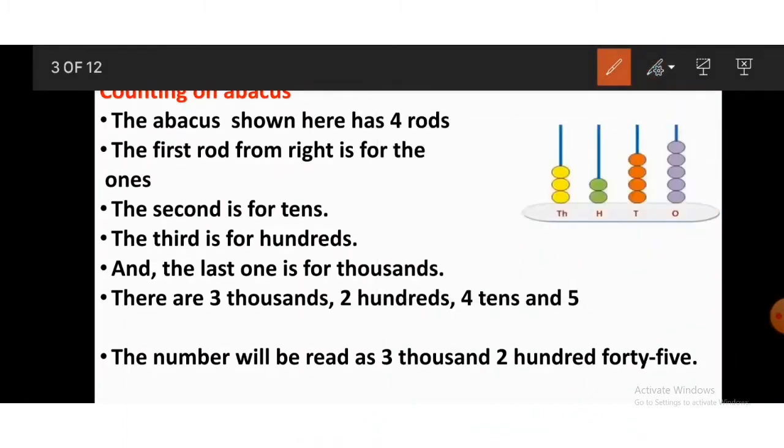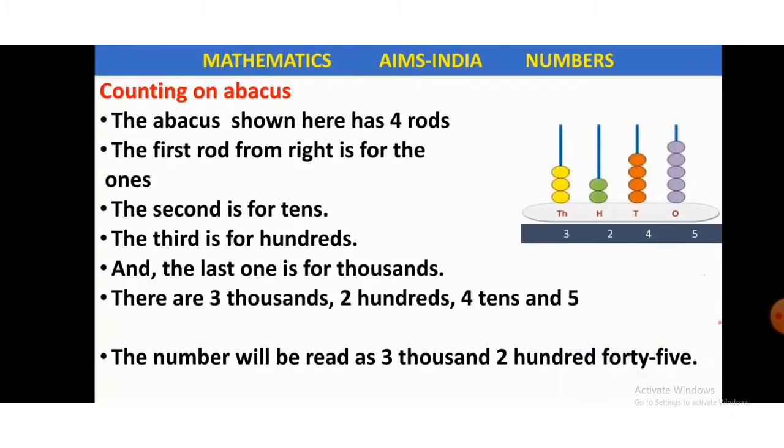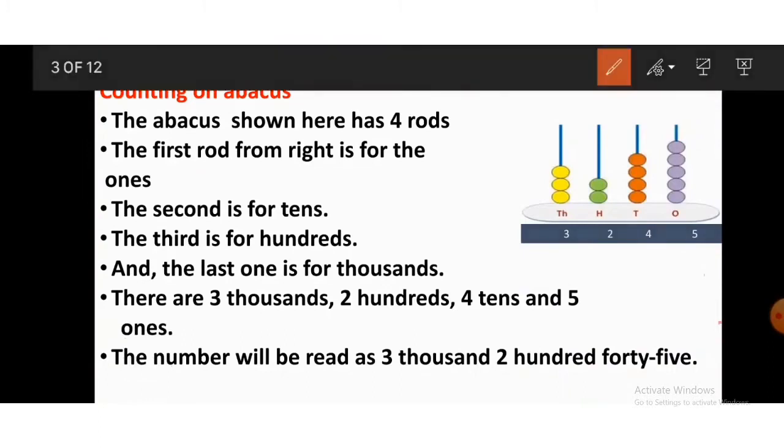Am I right? 5 balls in ones place, 4 balls in tens place, 2 balls in hundreds place, and 3 balls in thousands place. So the place value of 3 here will be what, children?